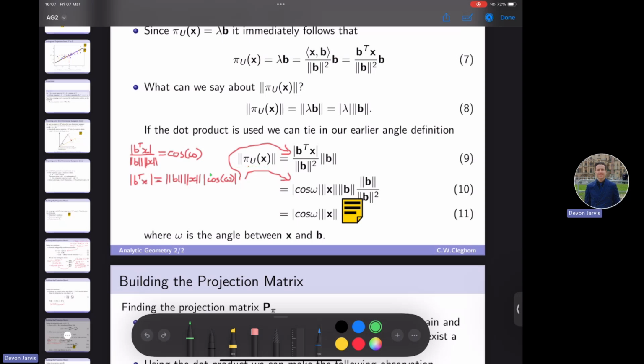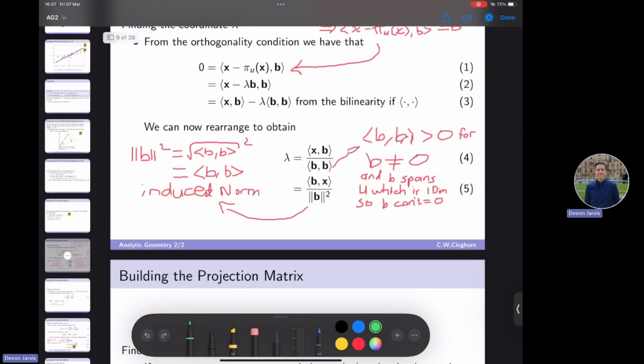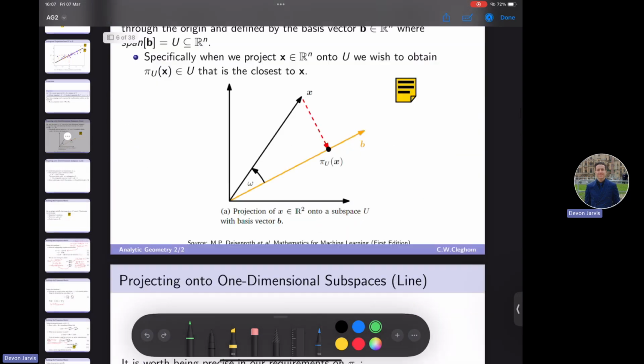And so now all this is saying is that the norm of my vector after I've projected onto my basis is just the norm of the original x scaled by cos of the angle of those two vectors. Okay? If we were projecting onto a basis, and let's get back here, instead of working with that black line, we were working there. Okay?